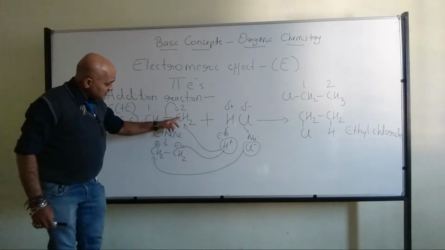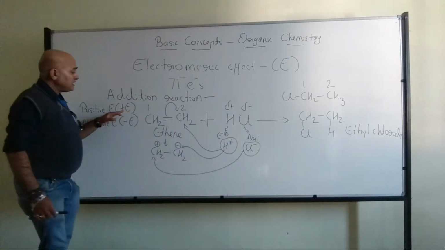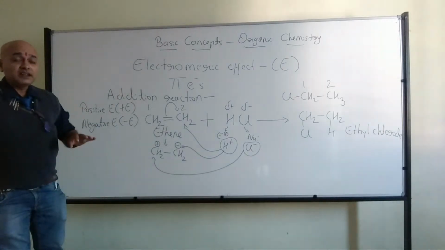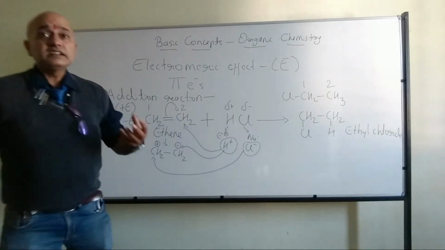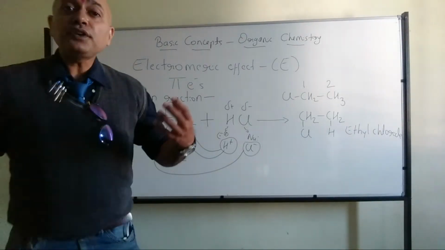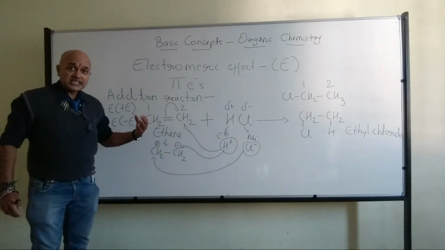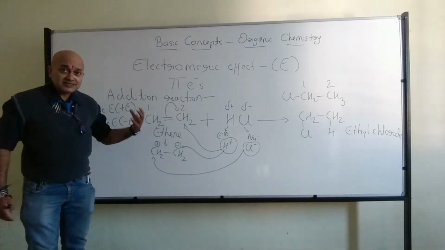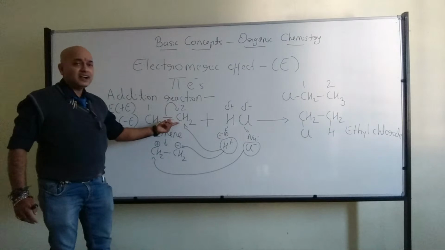They are moving towards the second carbon only. So positive electromagnetic effect means displacement of the electron towards that carbon to which the attacking reagent is getting attached.